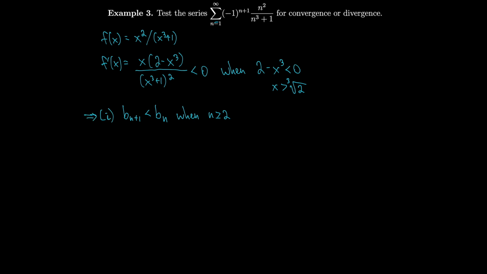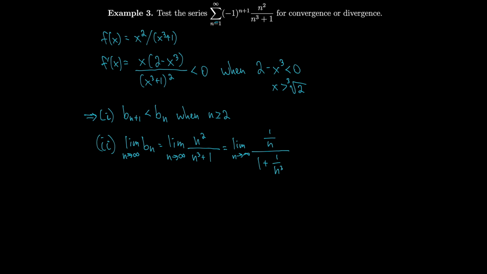So let's look now at condition number 2. For our alternating series test, we need to take the limit of the b_n's. So that's the limit of n squared over n cubed plus 1, which is just the limit of 1 over n, because we divided by n squared in the numerator and denominator, over 1 plus 1 over n cubed.